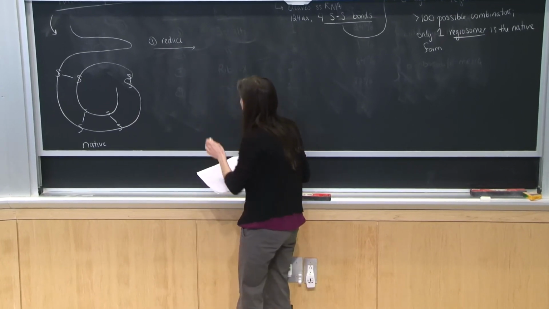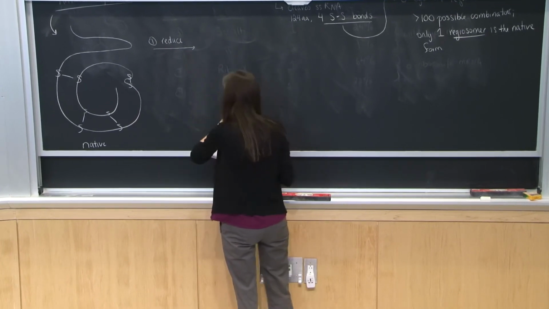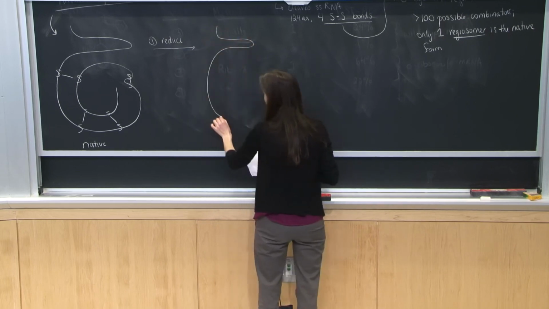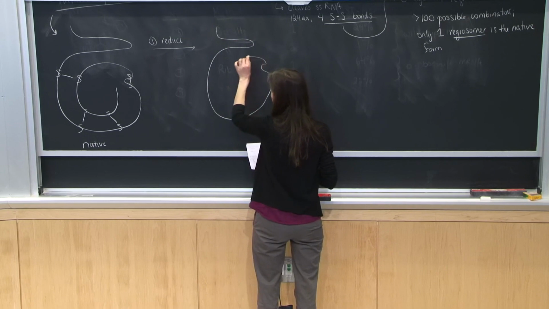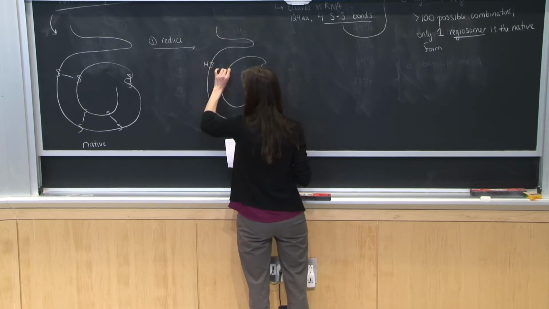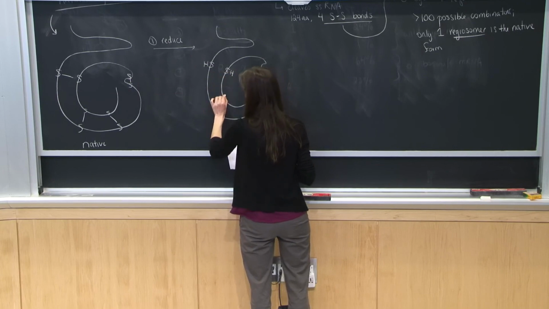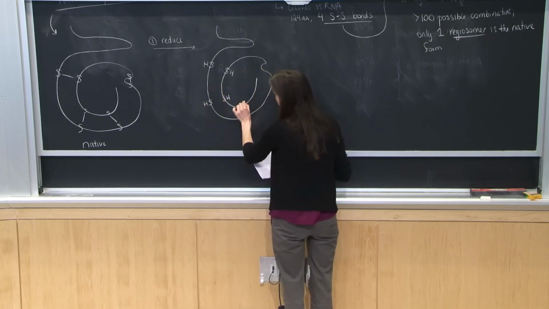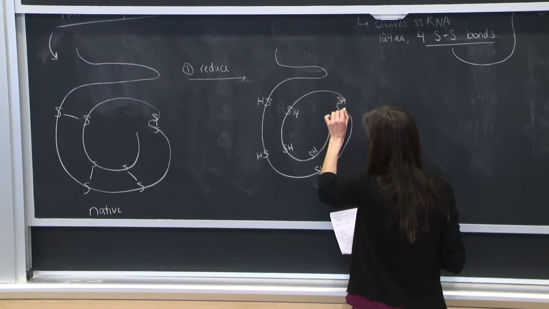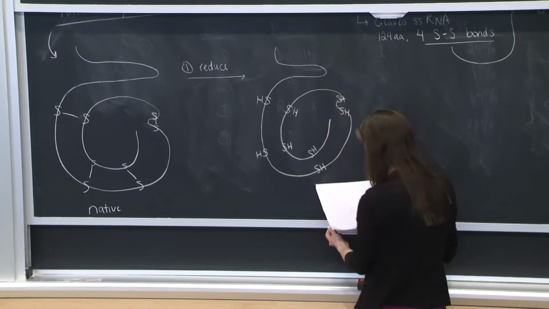We'll talk a little more about what that might be in a minute. The end result is, rather than having these disulfides, we have 8 free cysteines, free meaning not in a disulfide, indicated by SH.